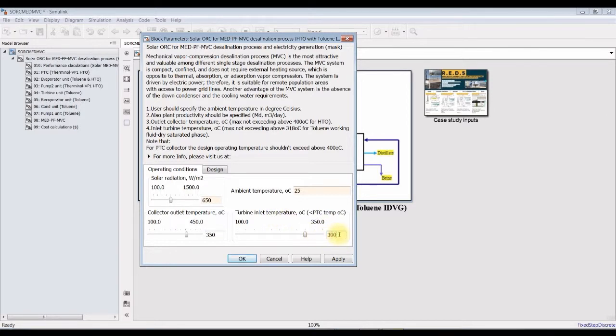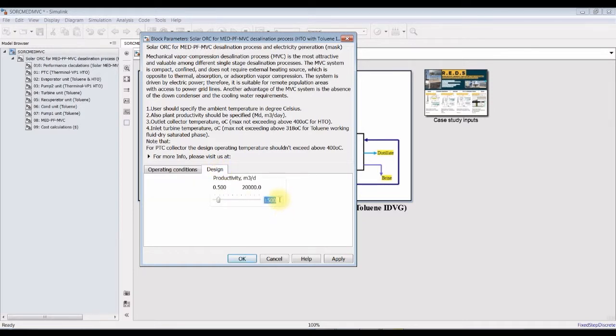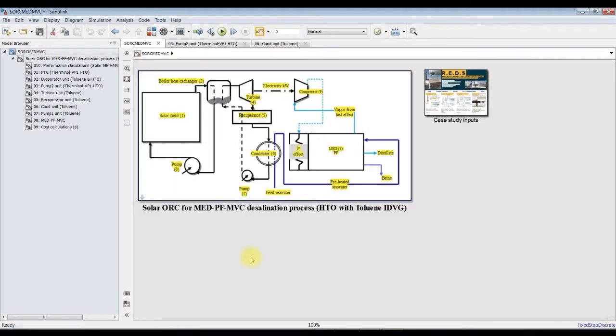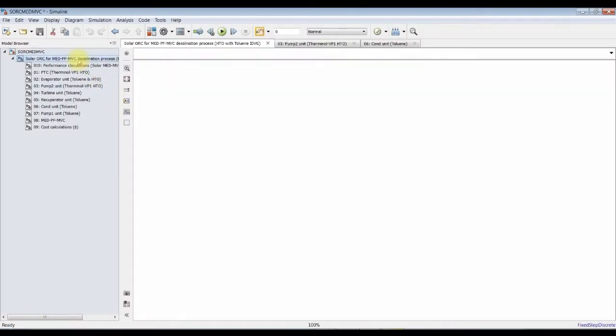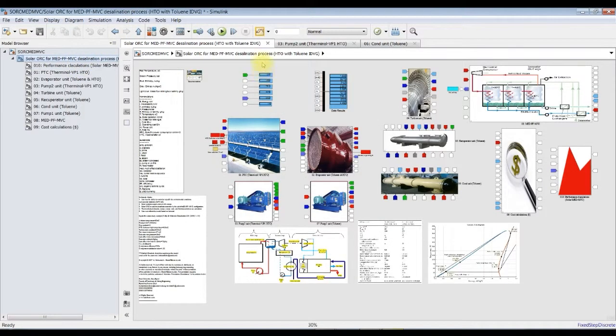It's around 30, as was said before. Design: let's go for example for 5,000 or 3,500 meter cube per day, and let's see if we run our model. But first we have to assign some inputs for each unit.